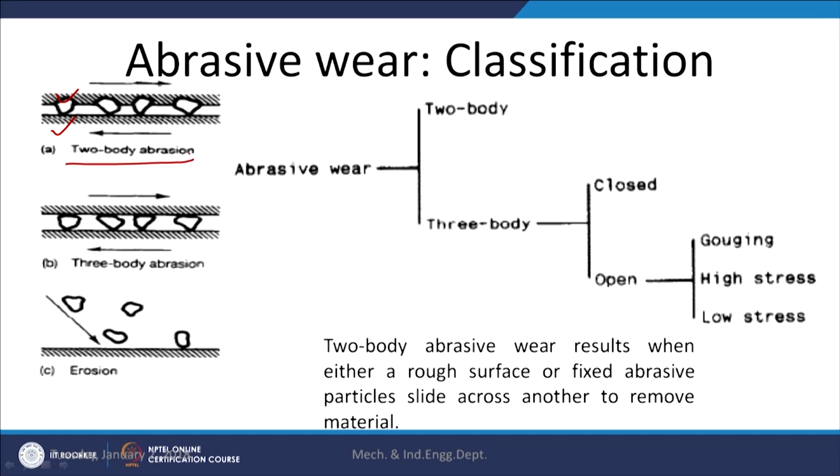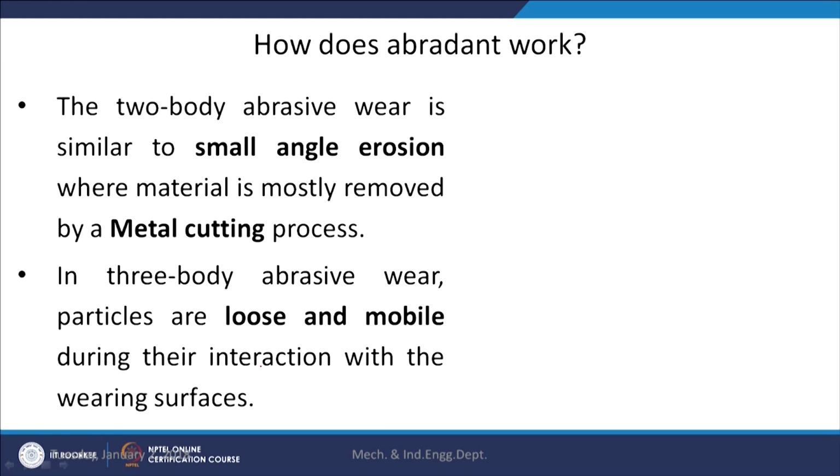Three body abrasion is when a third particle comes in between the two interacting surfaces, and when the particles are freely falling onto the surface of the component, this is called open abrasion.